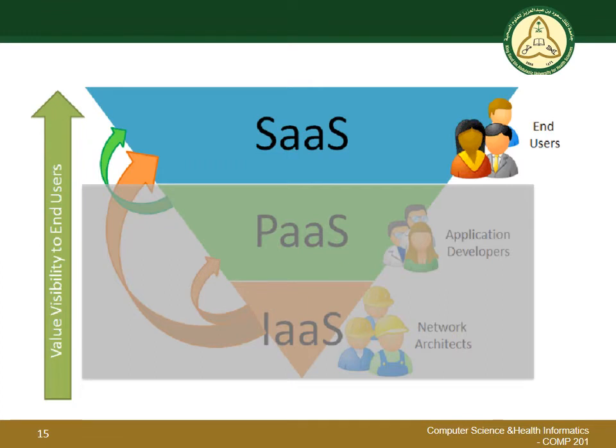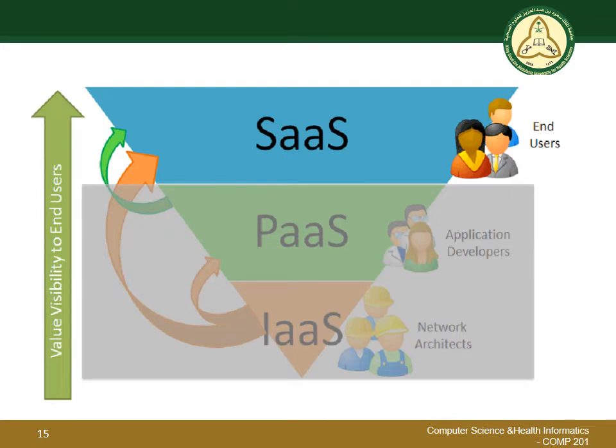All right. Now, in terms of value or visibility to the end user, with SaaS, as an end user, you will see only the service, the features of the service that you consume, right? But the end user will not see the platform as a service.